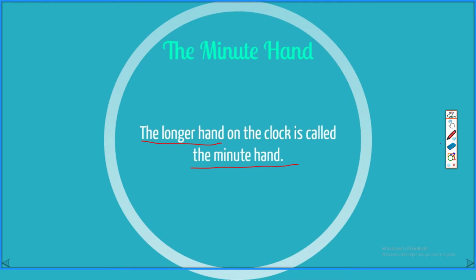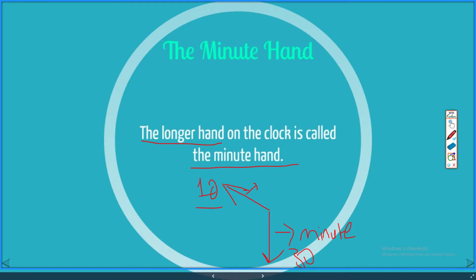And we can go with this minute hand. Let's make an example, just like that. It is the hour hand, and this one shows minutes. Okay, for example, 10:30. 10 is the hour, 30 is the minutes.